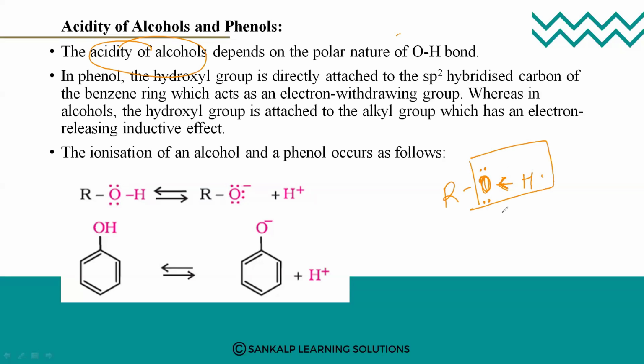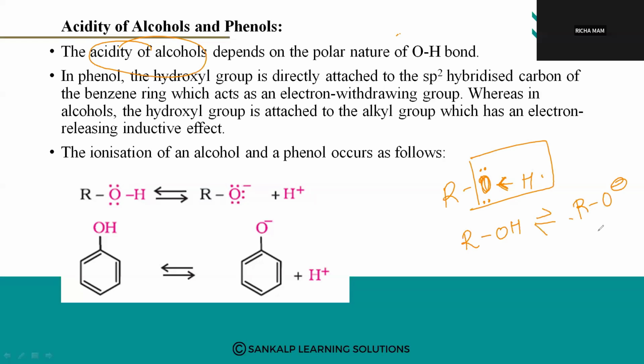What you can see here is how the OH bond is broken. It is broken heterolytically. Suppose I have this ROH, it breaks into RO minus plus H plus. This is also a polar molecule, so due to the electronegative atom, it will tend to pull the electron towards itself.